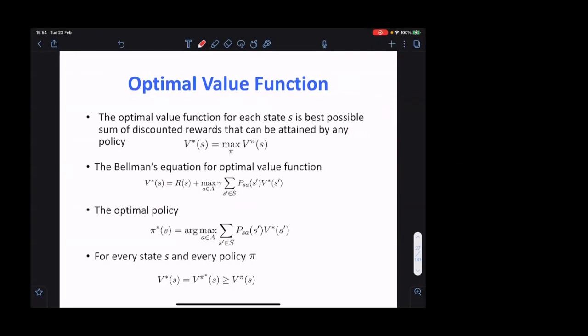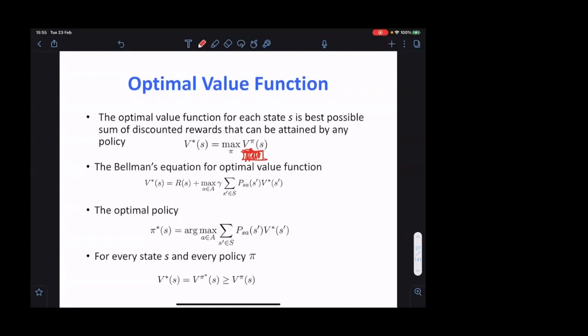Given this pi, suppose we know this pi, and because of that we can devise the value function. Then the reinforcement learning optimization task becomes simple: we just try to figure out the policy that maximizes this value function.